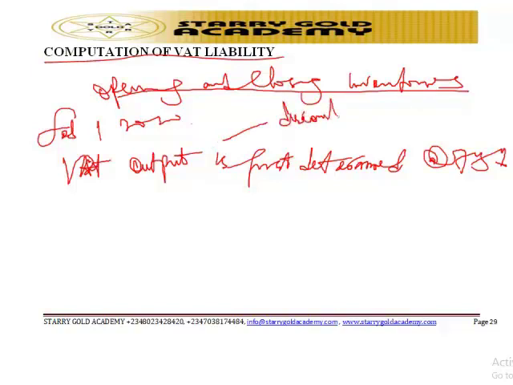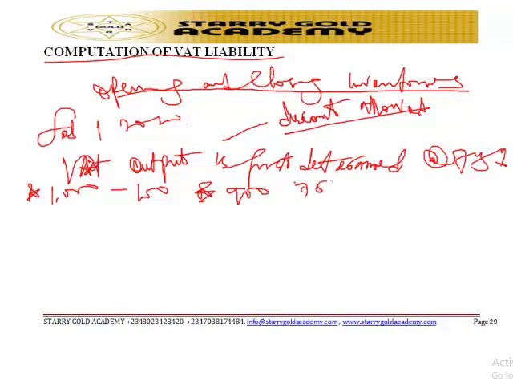So the discount allowed should be adjusted for on the total sales, and you compute your total sales net of the discount. So if your total sale is say 1,000 naira, you're giving a discount of 100 naira, so the amount you'll be computing your output VAT on will be 900 naira. So you'll be doing 7.5% of 900 naira.